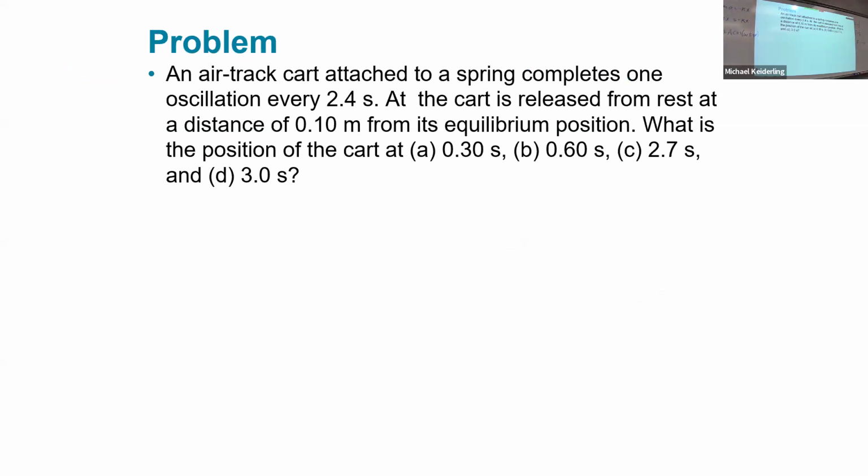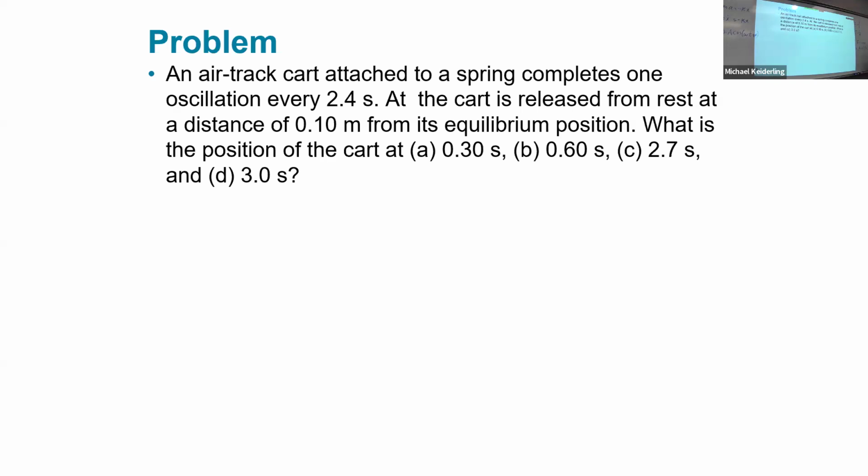So an air track cart attached to a spring completes one oscillation every 2.4 seconds. Remember that for x we had A times cosine of 2 pi over the period times t.